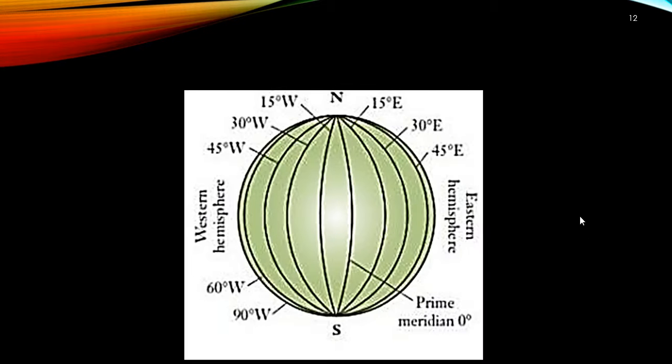This is a clear representation of the various longitudes, and they run from the North Pole to the South Pole, and the main one is the Greenwich meridian. The prime meridian splits the Earth into the western hemisphere and the eastern hemisphere, and longitudes are very critical when it comes to calculation of time.